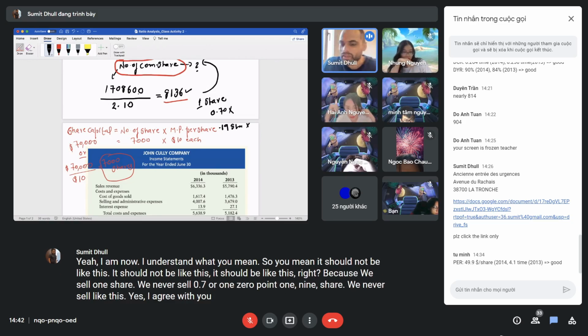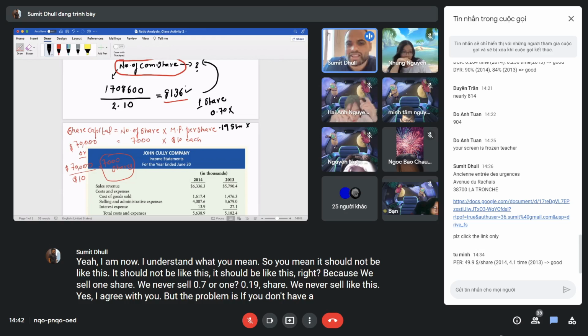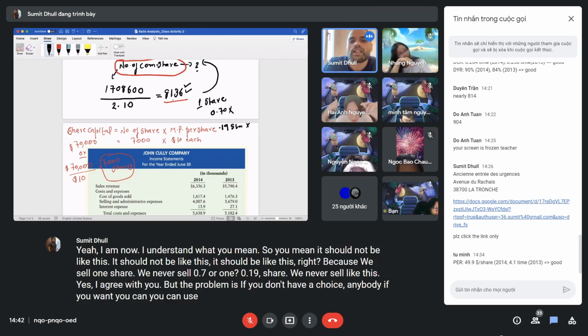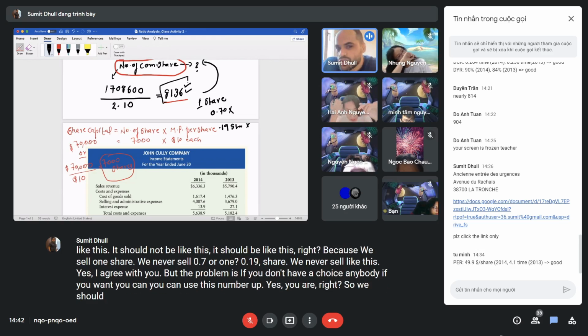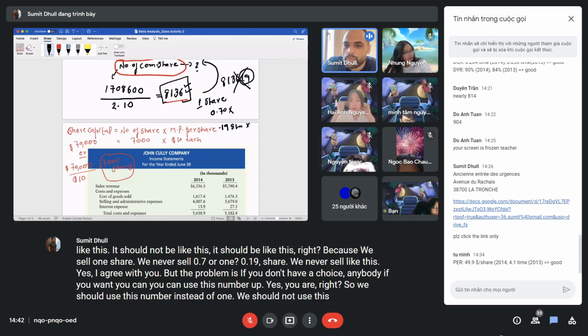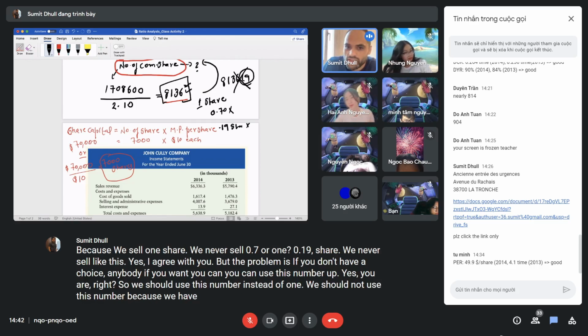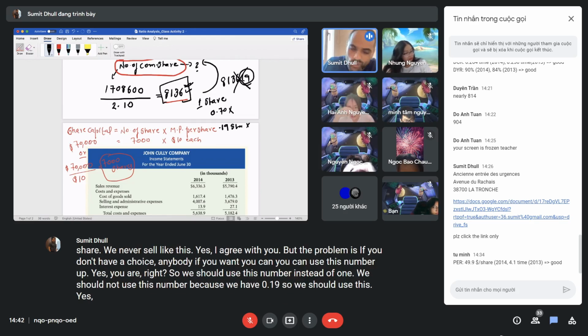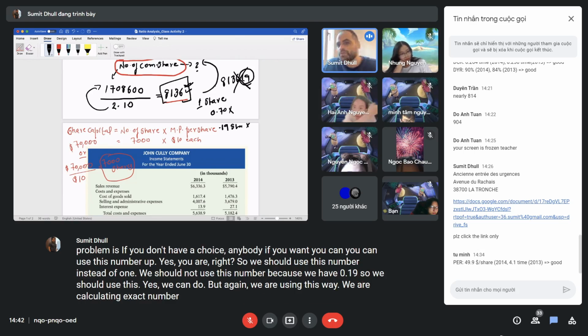But the problem is we don't have a choice here. But if you want, you can use this number. Yes, you are right. We should not use this number because we have 0.19, so we should use this number. Yes, we can do. But again, we are calculating the exact number, so that's the reason I'm writing 0.19.